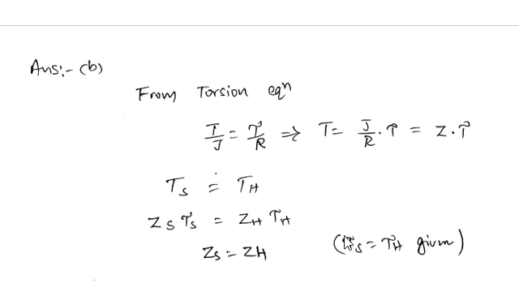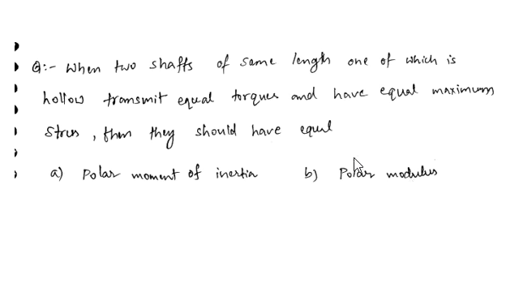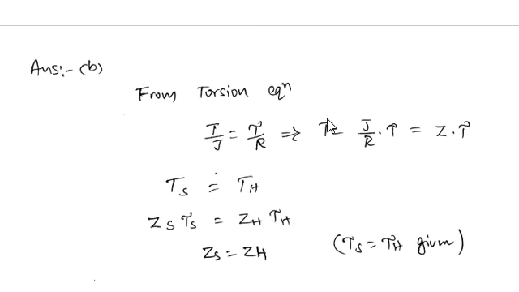So the torque transmitted by a shaft is Z into tau. For solid and hollow shafts, it is given that they transmit equal torques, so torque of solid shaft is equal to torque of hollow shaft.